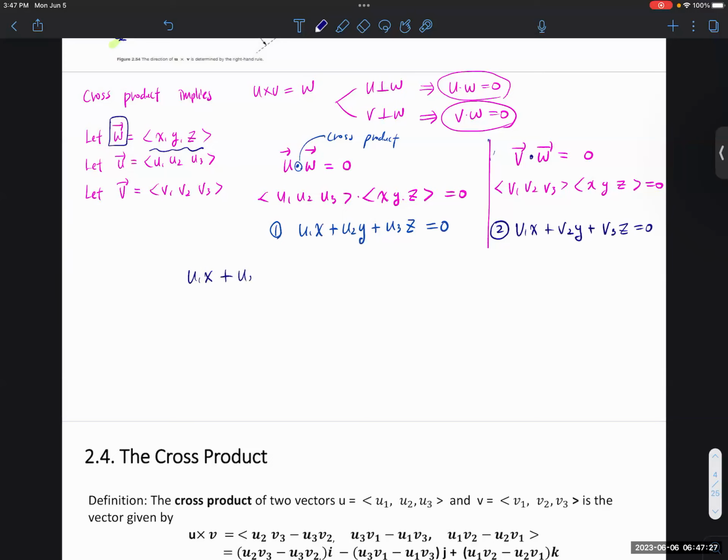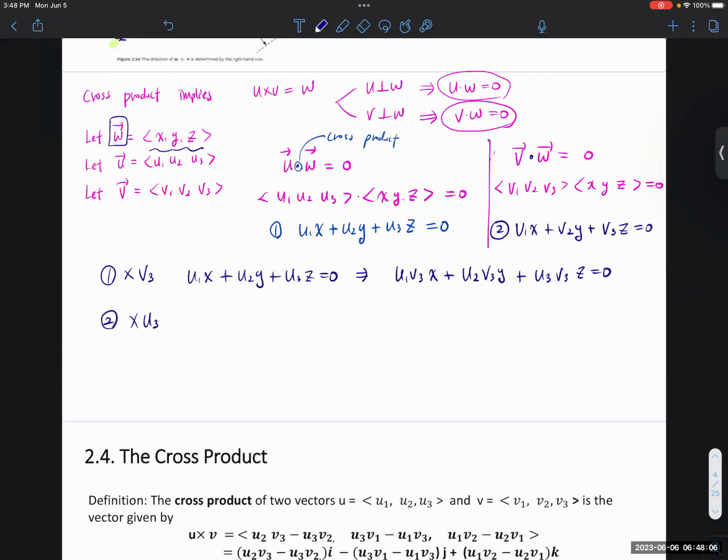Okay. So we have U1X plus U2Y plus U3Z is equal to 0. Let's say this is equation 1. I'm going to multiply here. What do you guys think? We are going to multiply V3. So if you multiply V3, it is going to be U1 V3 X plus U2 V3 Y plus U3 V3 Z. And then in the second equation, let's multiply U3 because I'm trying to remove one of the terms.